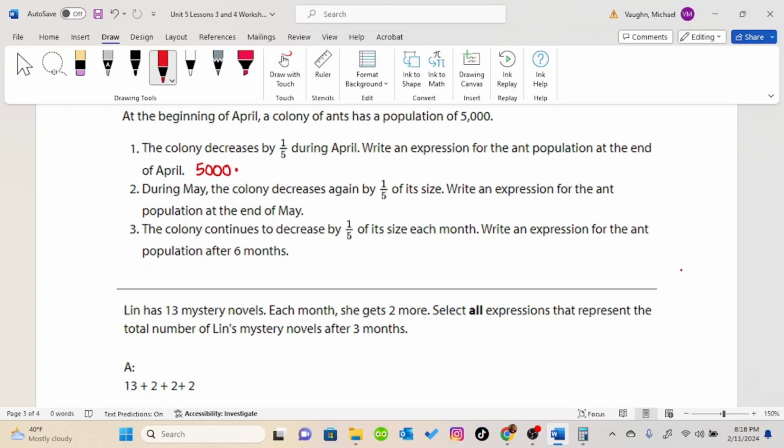Our factor is the amount that remains. So if it decreases by 1/5, it is keeping 4/5. And this is after only 1 month, so the exponent would be 1.